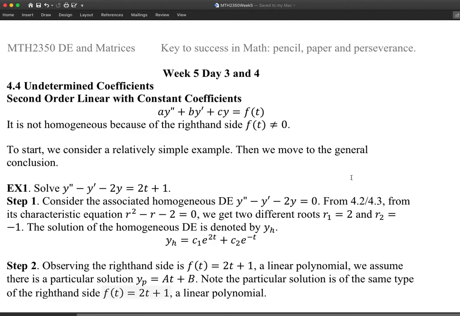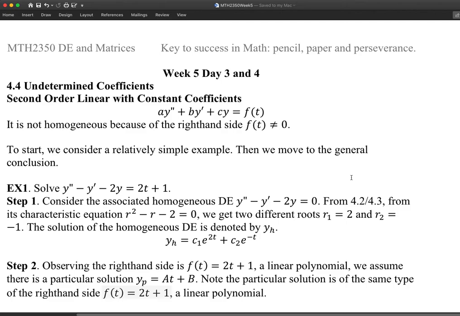Today we are moving to section 4.4 about second order linear differential equations with constant coefficients. And if you check closely, I hope you see the difference between this new topic and the other topic we covered in the previous sections.